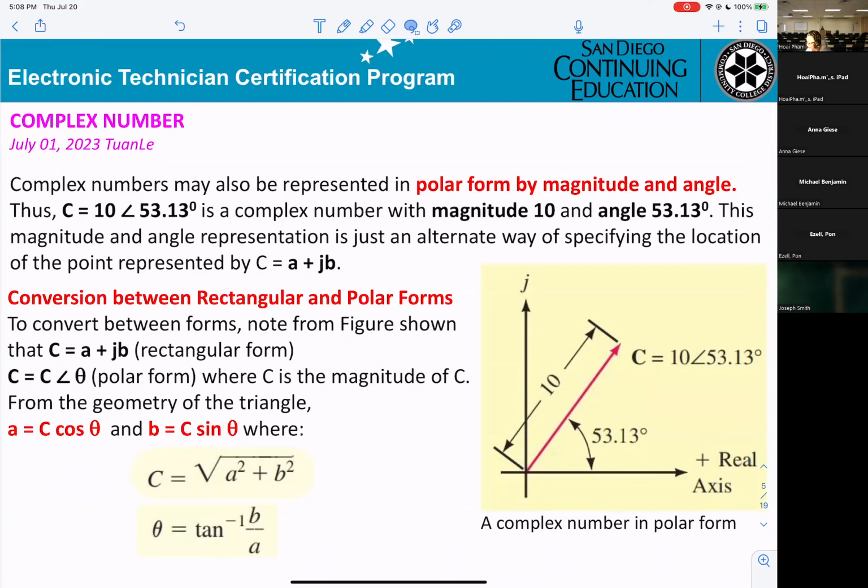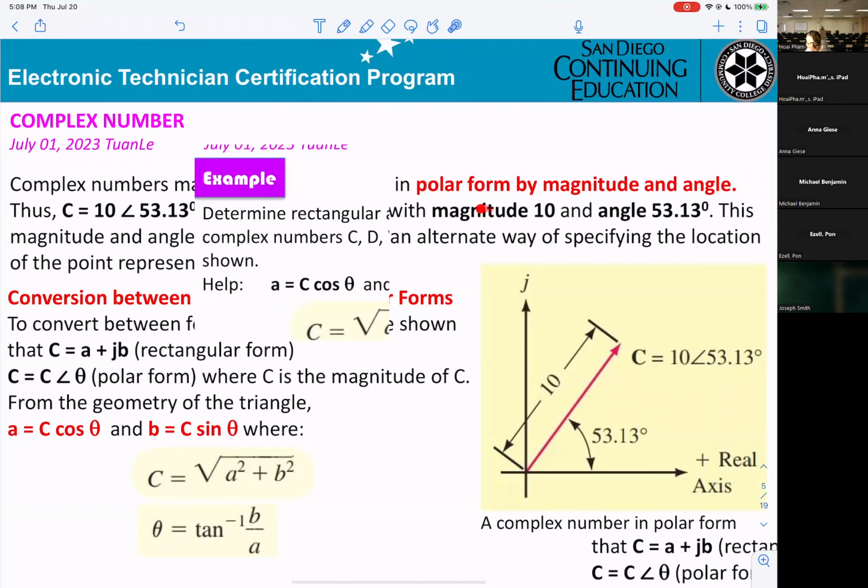Here is a complex number with the magnitude and also the angle. This magnitude and angle is an alternate way of specifying the location of the point it represents.